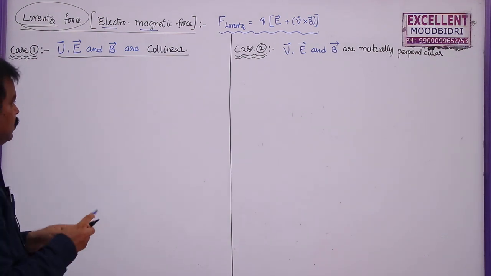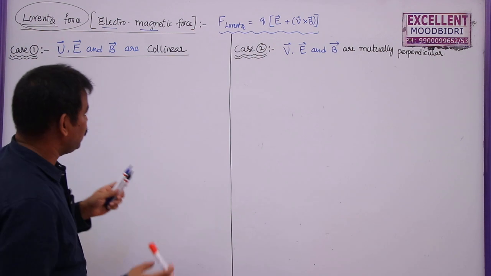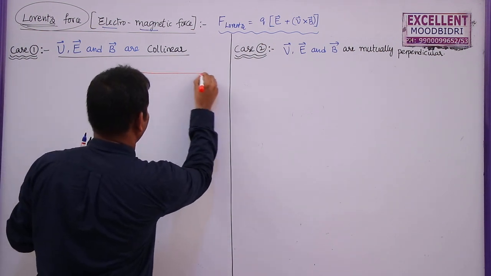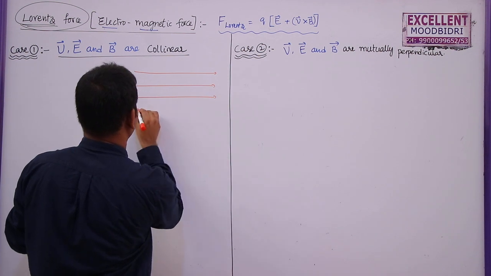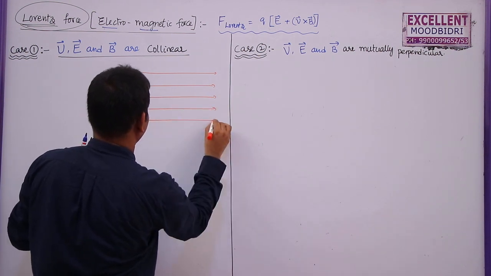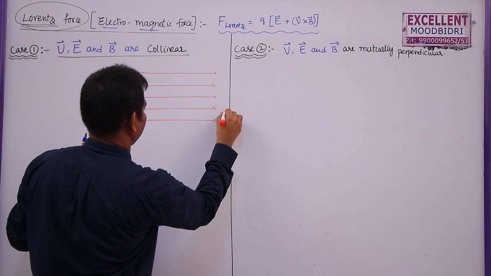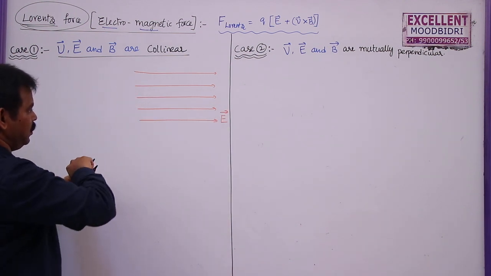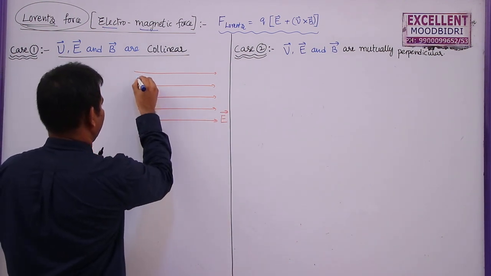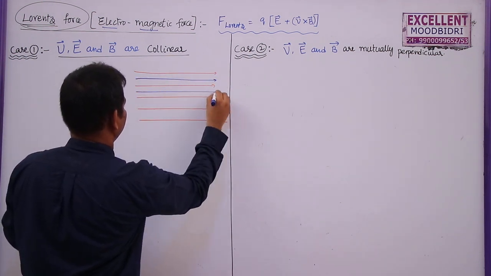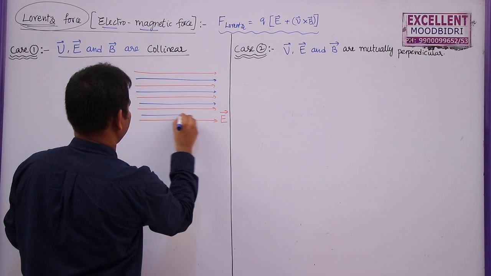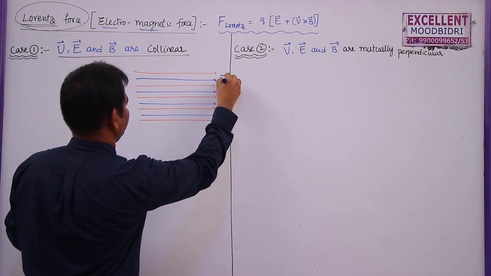Here, this is the electric field, E bar, and this is the magnetic field, B bar.